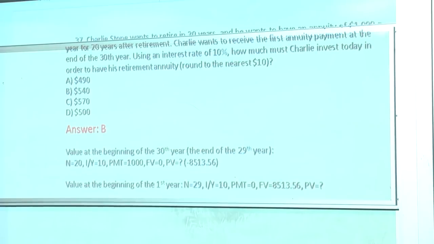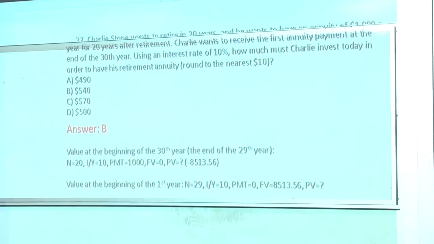Well, in the problem it says that Charlie wants to receive the first annuity payment at the end of the 30th year. I still don't understand why we're calculating for the 29th year. Because you think you should calculate as of t equal to 30 instead of 29. You can.